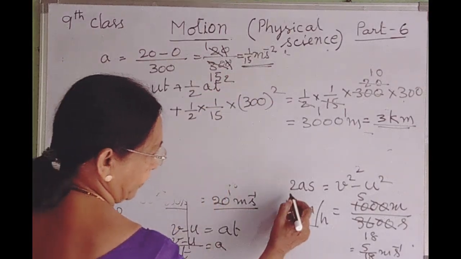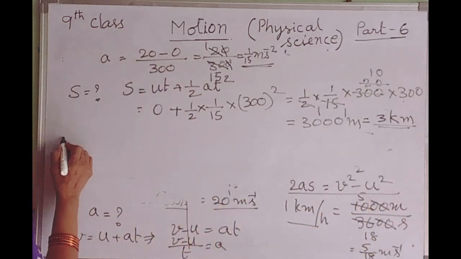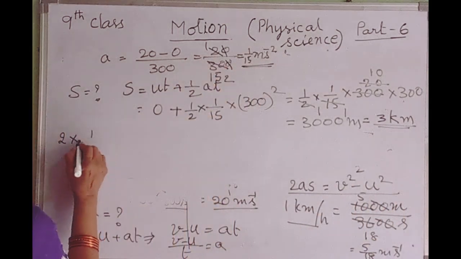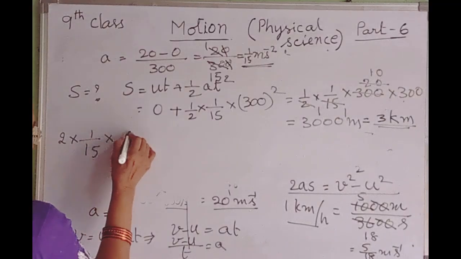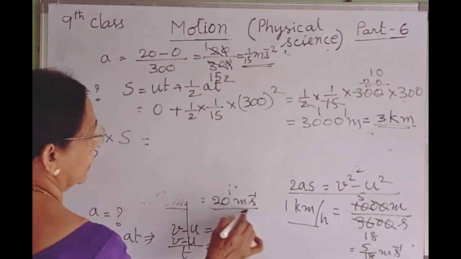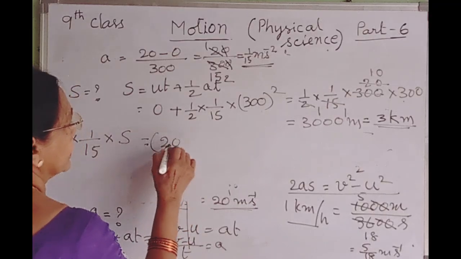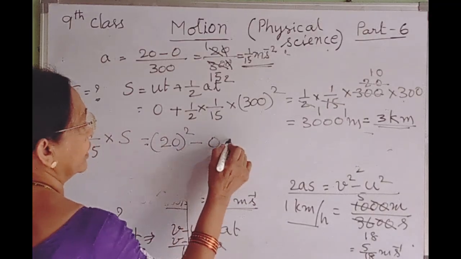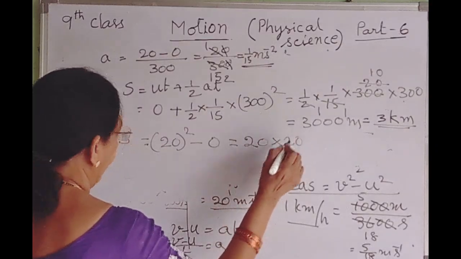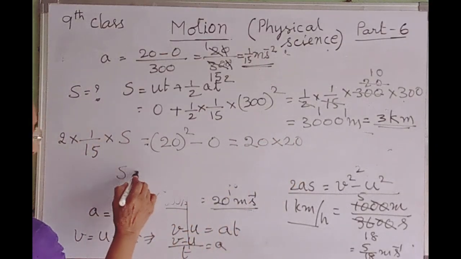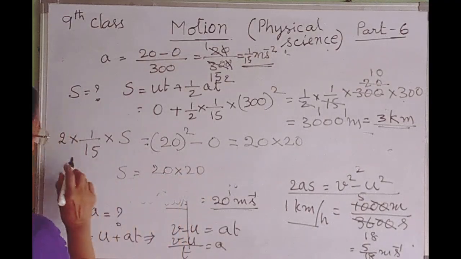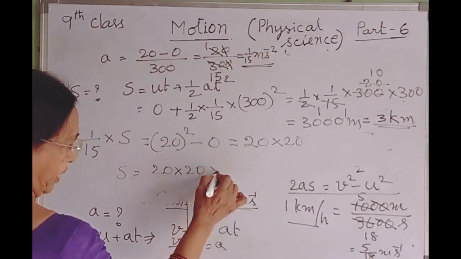So substituting the values in this equation, 2 into a is 1 by 15, into s is equal to v square. V is 20 meter per second. U square is 0. 20 into 20. So s is equal to 20 square into 15 by 2, coming to the other side.